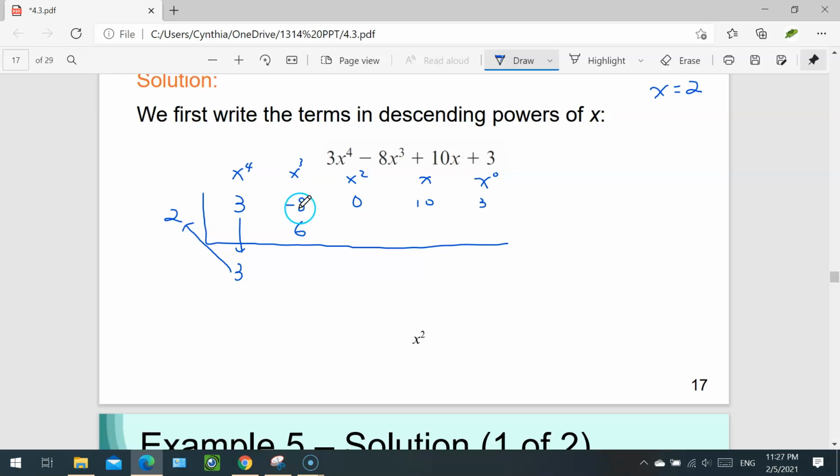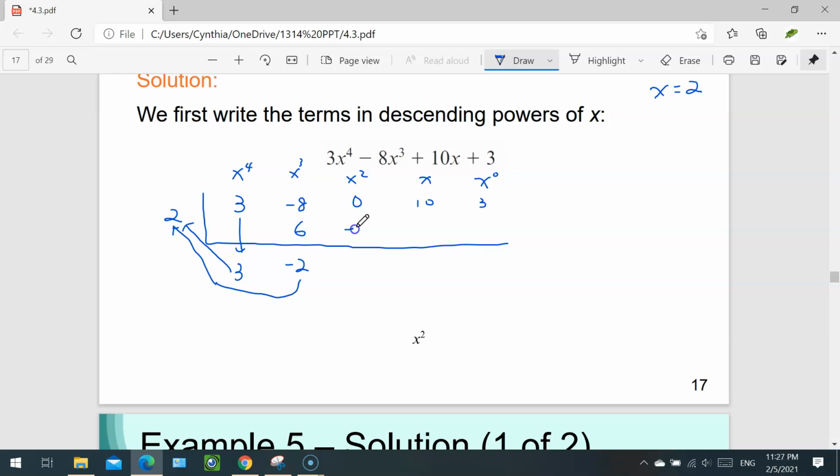So the 6, now you combine the 6 with negative 8, so you get a negative 2. You add. In long division, we subtract from the top to the bottom. In synthetic division, we add these two terms. Now we multiply negative 2 with the outside 2. The product is negative 4.